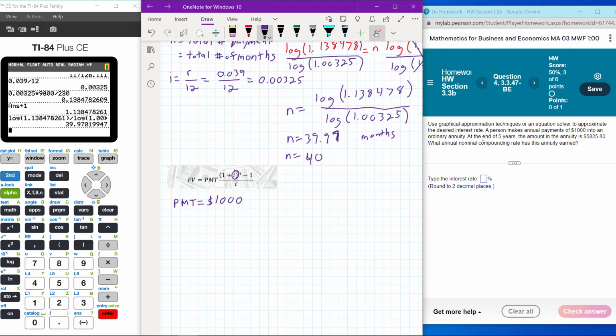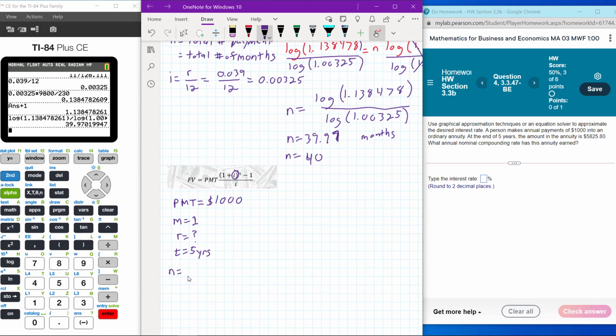Okay, we're told that they are annual payments. That implies that M is equal to 1, which is good because that makes our life easier. We don't know what R is. That's what we're trying to find. We do know what T is. That is 5 years. And since we know what T is, we can figure out what N is.